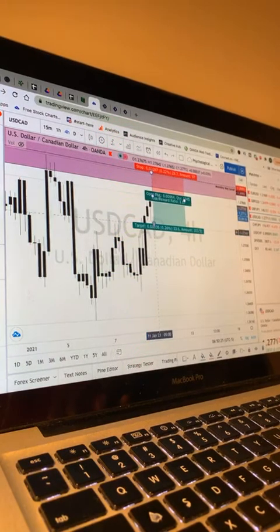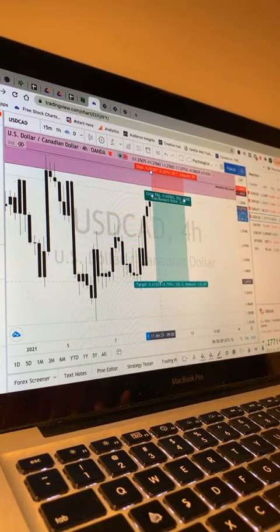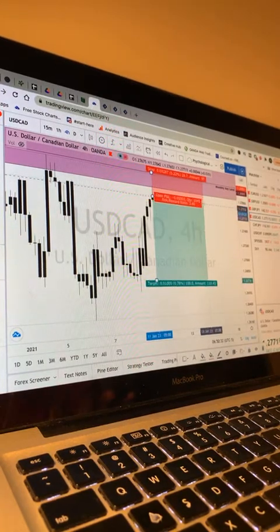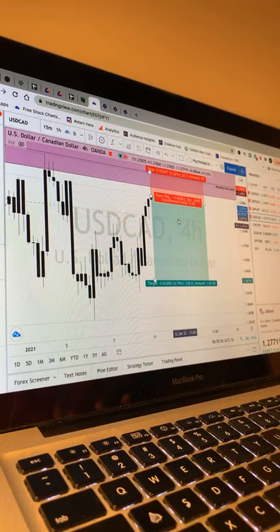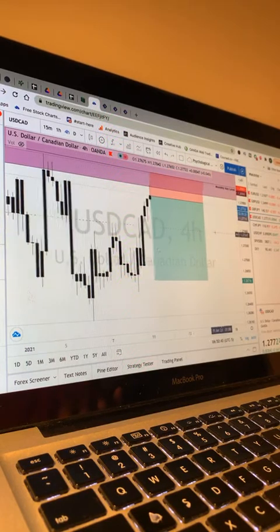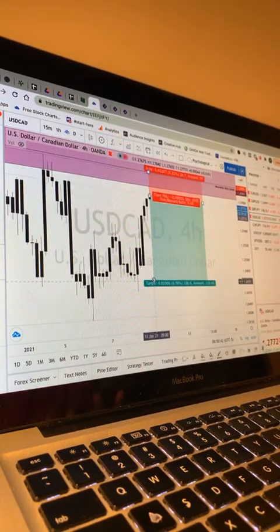And I like trades like this where I can keep my stop loss tight. Yeah, so this is a 1 to 3.48 risk reward ratio. Let me make this even, 1.35.